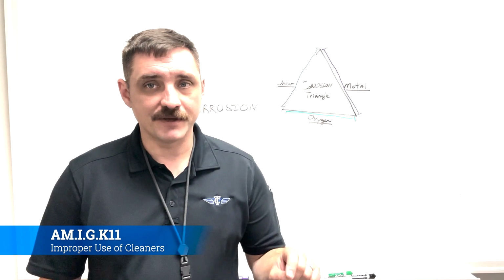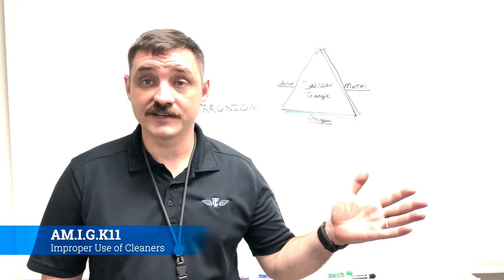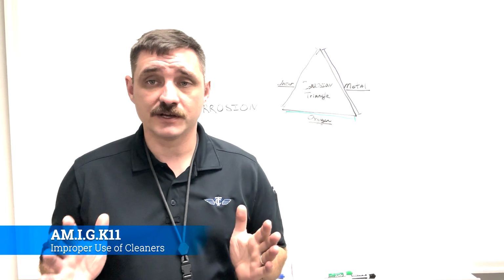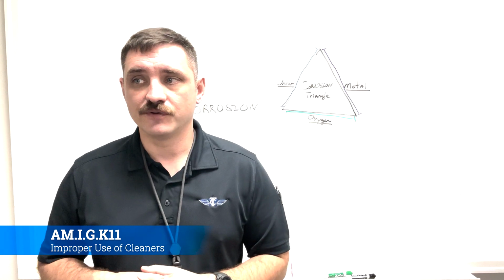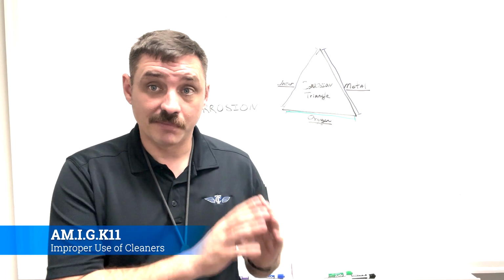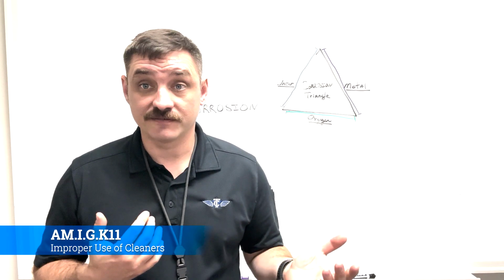The same thing can happen with composites. This is becoming a bigger and bigger issue because more and more aircraft are going composite. If you take the wrong solvent and apply it to a composite aircraft, it could delaminate and effectively break apart.